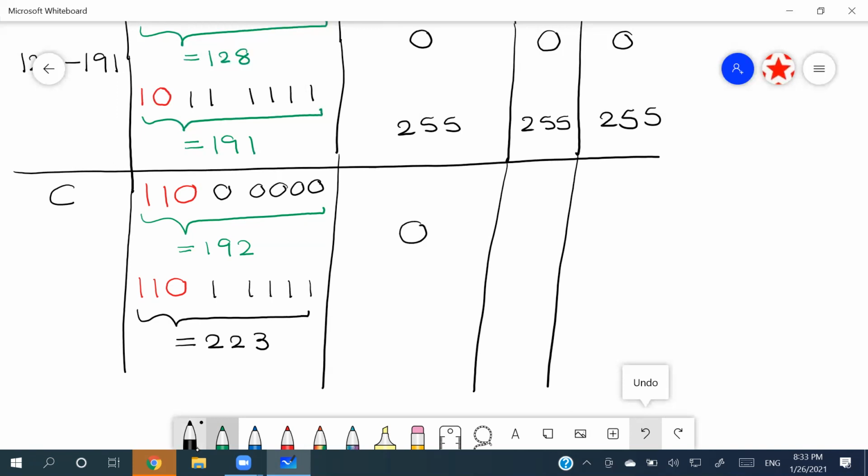So these things are going to be the same. So that gives you the range of class C from 192 to 223.